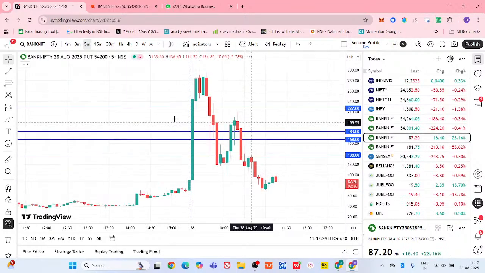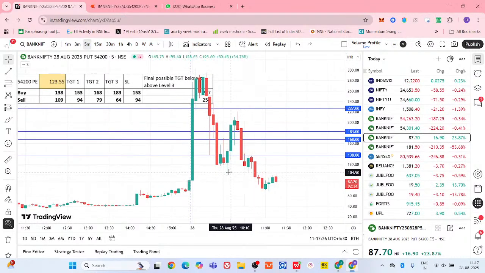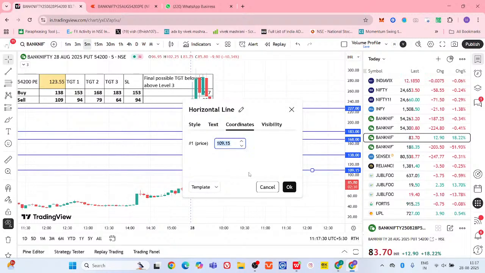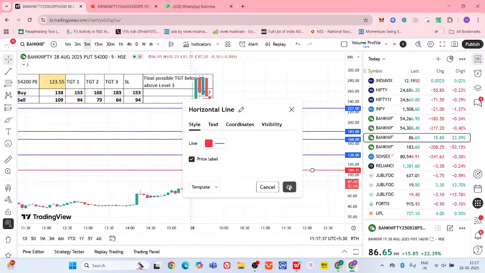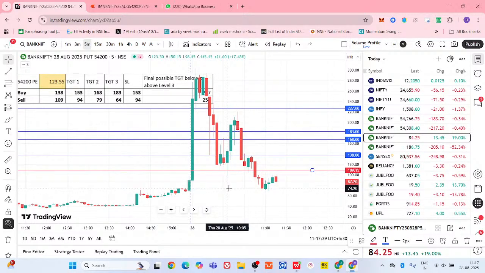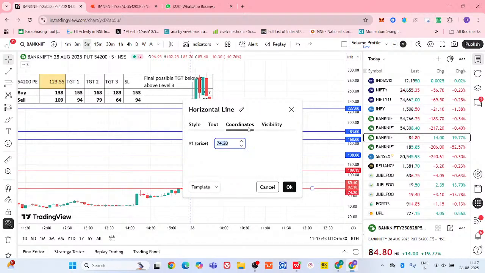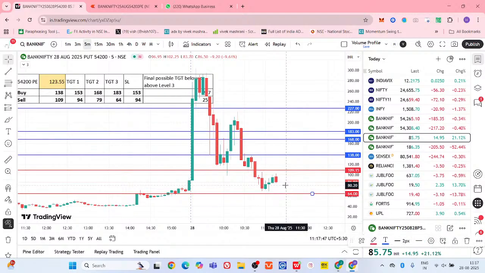Now what is happening? 109 below I am sell, correct? Let me make it red. See, there's not much effort here. 64 is the final target. So trade has happened on both sides today.